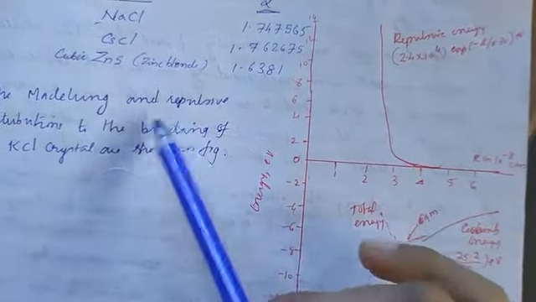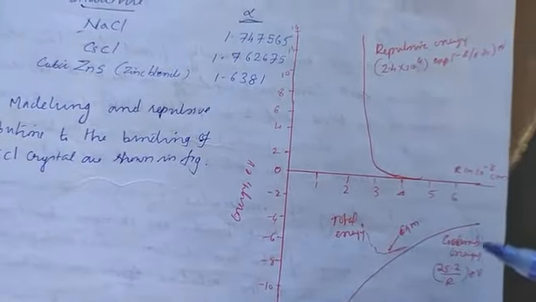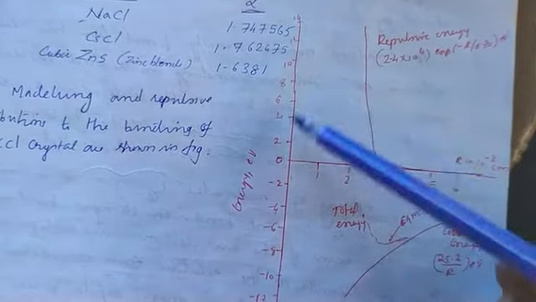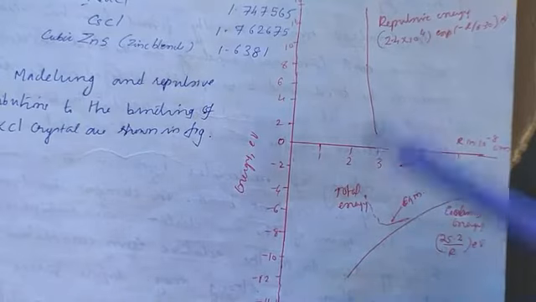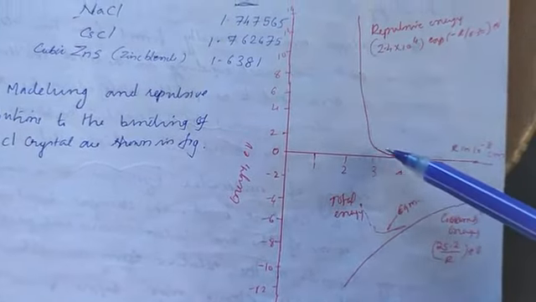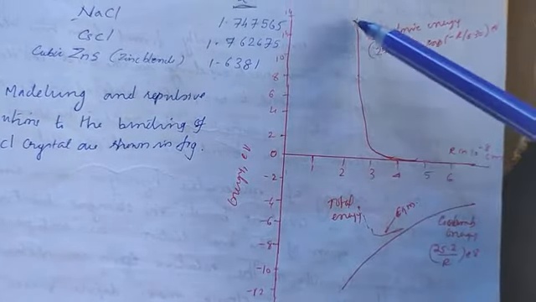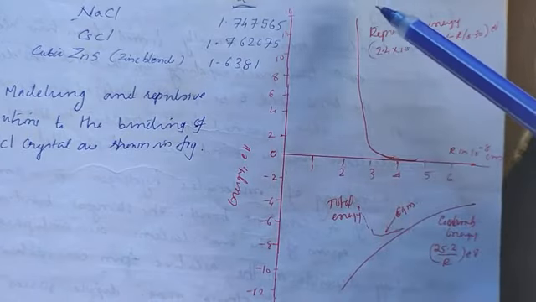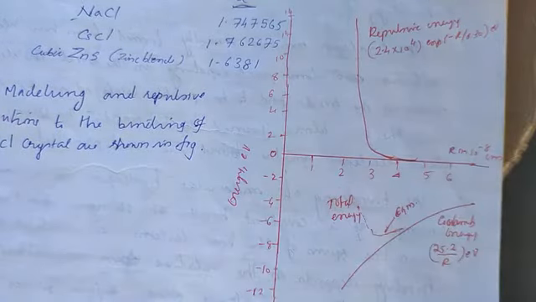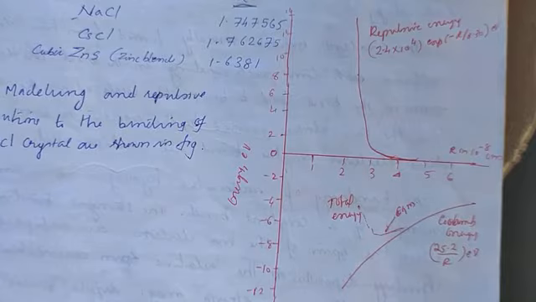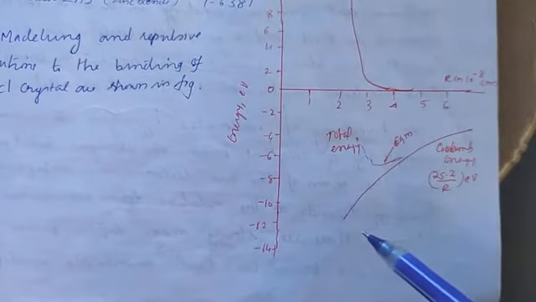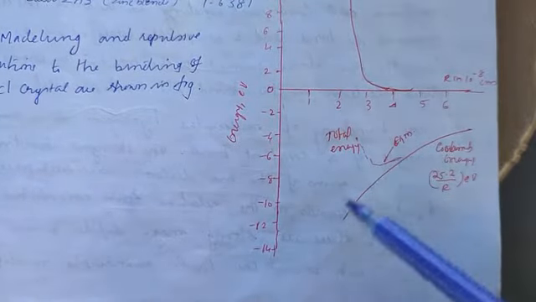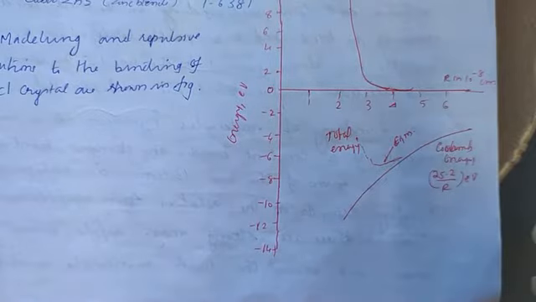This is the repulsive energy graph, just like the graph that we showed when we were discussing the inert gas systems. And this is the Madelung energy. This is for a potassium chloride crystal.